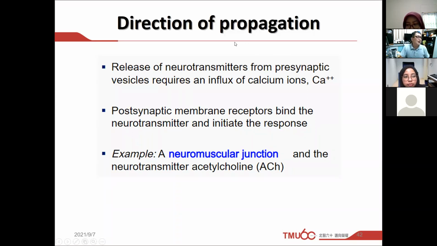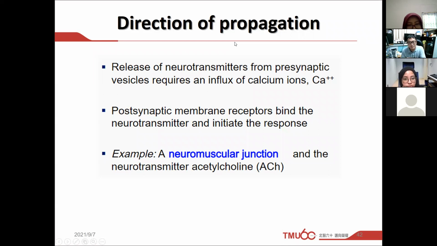So the action potential can propagate from one neuron, from the cell body to the tip of the axon. In the end, they need to open up. I just mentioned the vesicle is very important for delivery.